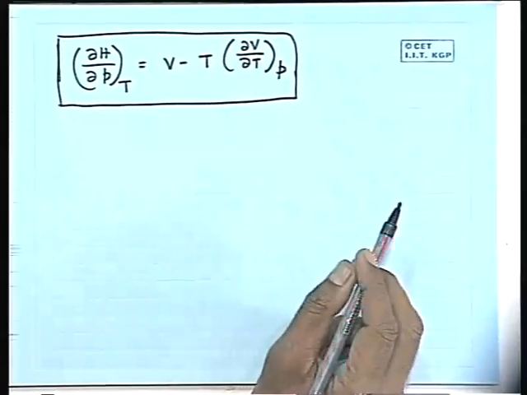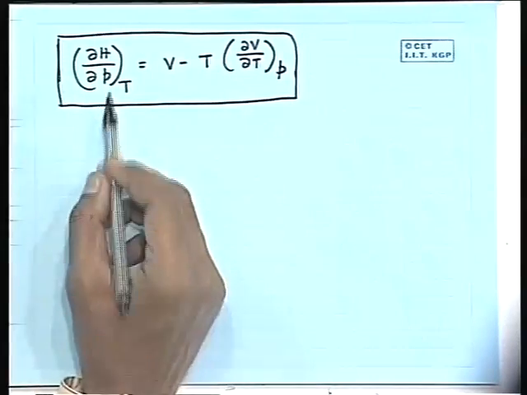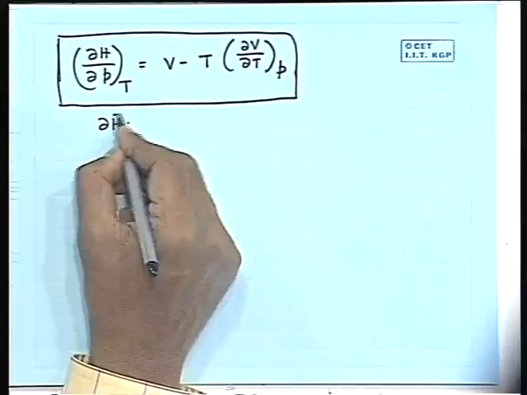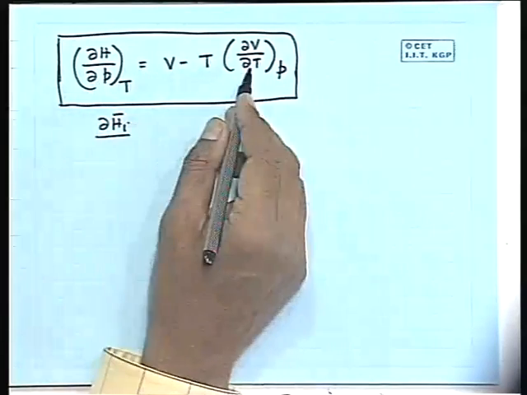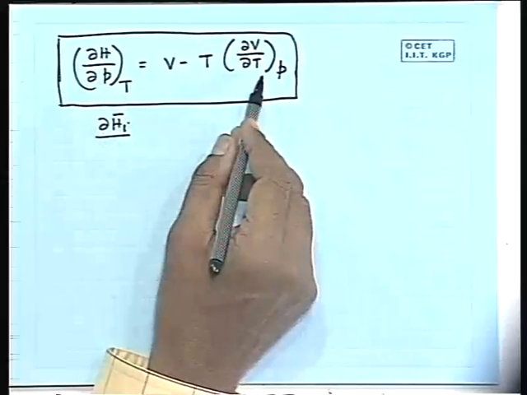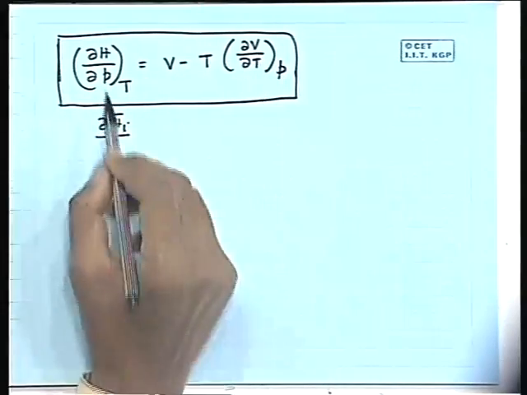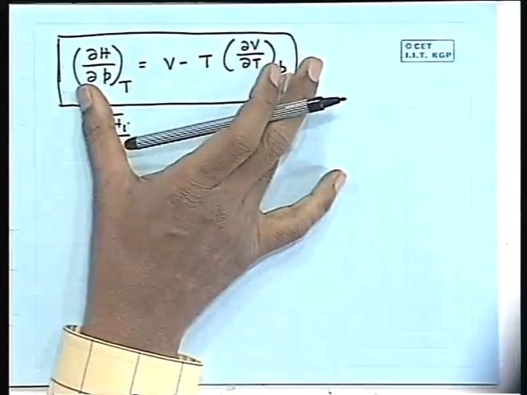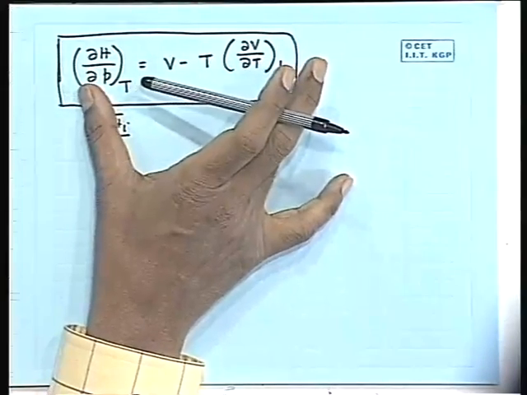The earlier one was not in differential form. Here also we can show that the same relationship in differential form is also valid for the partial molar property of a particular component. In the case of a multi-component system, this equation is valid as a whole for the system.